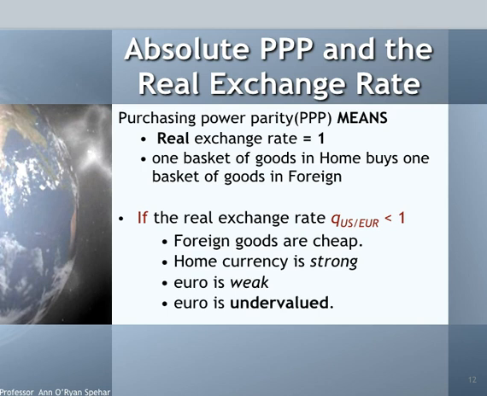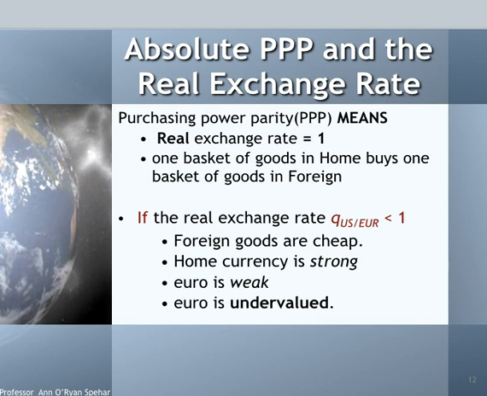Well, remember Q, which is United States dollars per euro, means that for 1 euro, you're getting less than 1 United States dollar. So for 1 euro, say for example it's 0.9, 90 cents per euro, then that means that 1 euro is only purchasing 0.9 of the US currency.